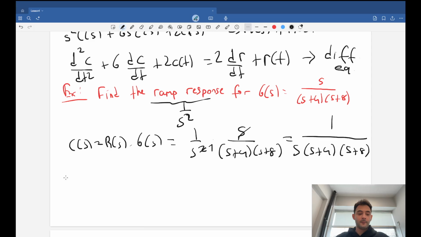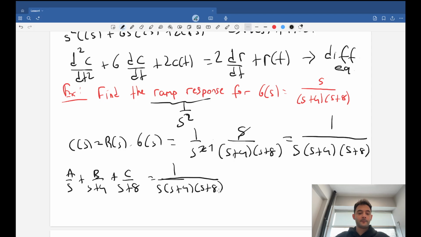So let's write it down: A over s plus B over s plus 4 plus C over s plus 8, which is 1 over s, s plus 4, s plus 8. Yeah, and let's equate all the denominators. So we will have A, s plus 4, s plus 8.